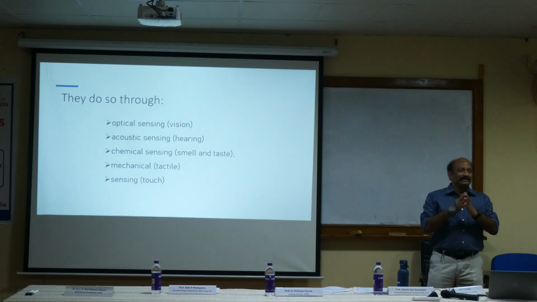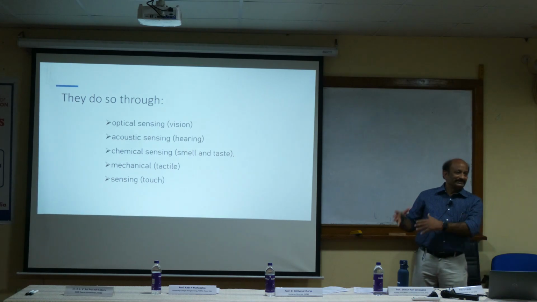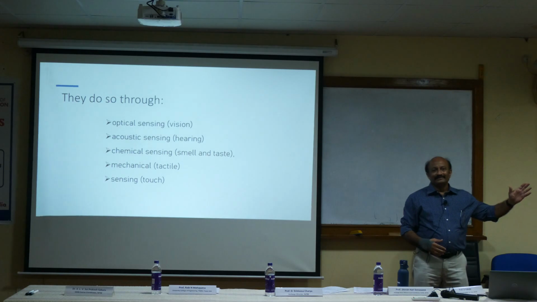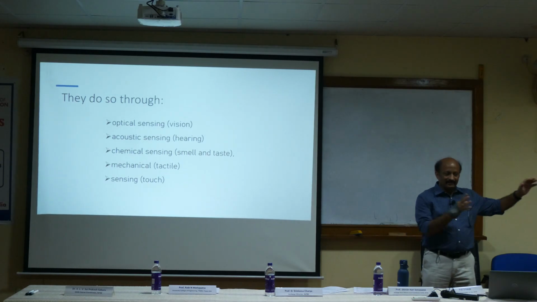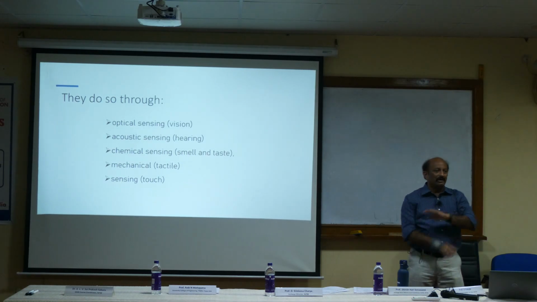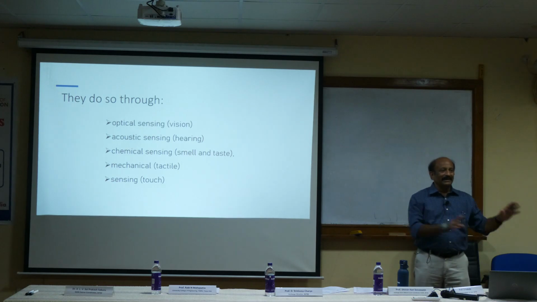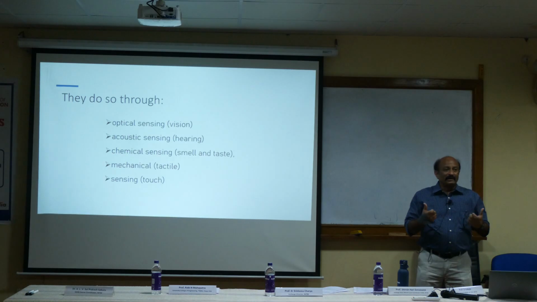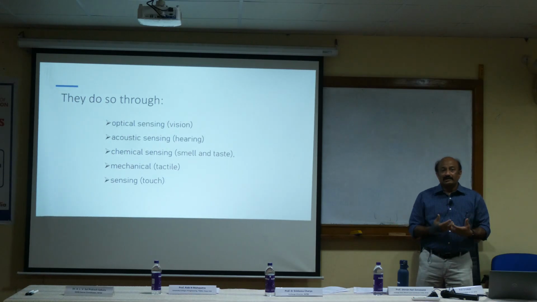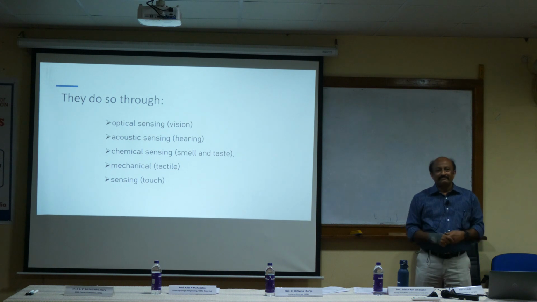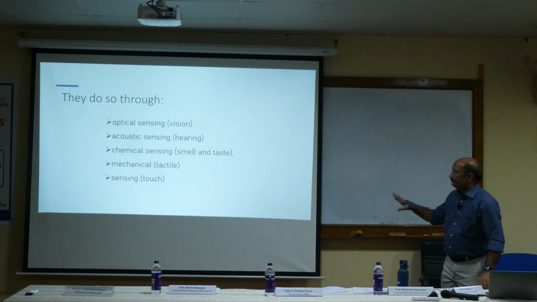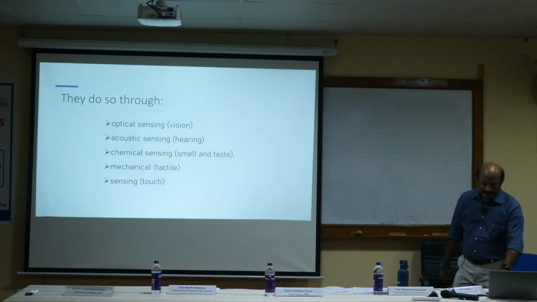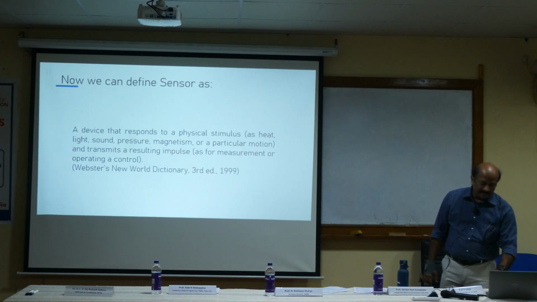It is not only ECE property or computer science property. Everybody in all the streams, whether it is mechanical or law or humanities or arts or science, whatever it is, everywhere it is connected. And that builds up smart cities or smart hospitals or smart laws, anything you name it, you'll get it out, right? So please remember that there are different types of sensors which we are trying to look at.